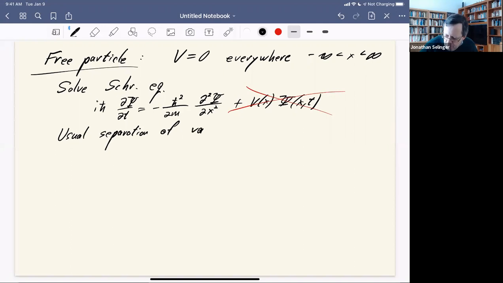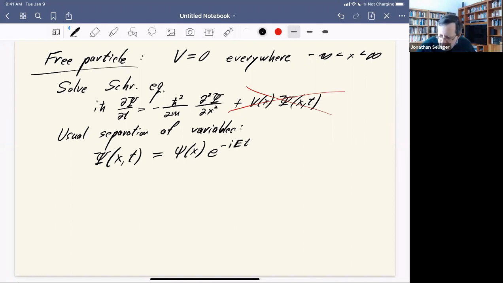As usual, we can assume that psi of x and time is some unknown function of x times a function of time. And we already solved the time-dependent part. We already know that the function of time is e to the negative i energy t over h bar.